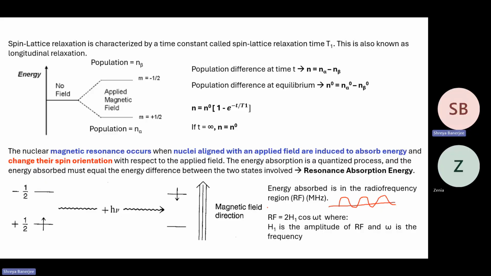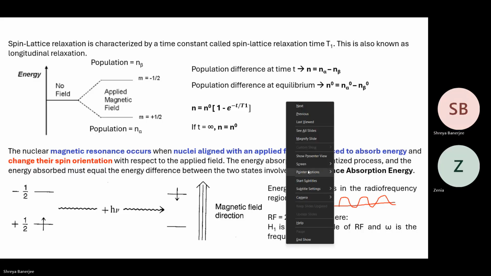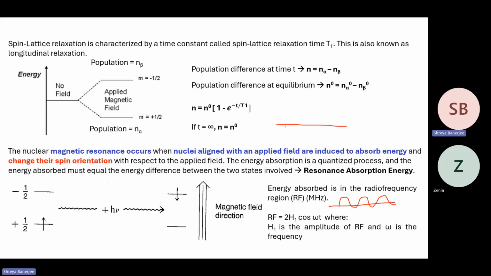Then it can be written as 2h1, where h1 is this amplitude, cos omega t. Omega is the frequency. So using that, the radio frequency pulse is represented that you are supplying in order to promote the nucleus to a higher level.